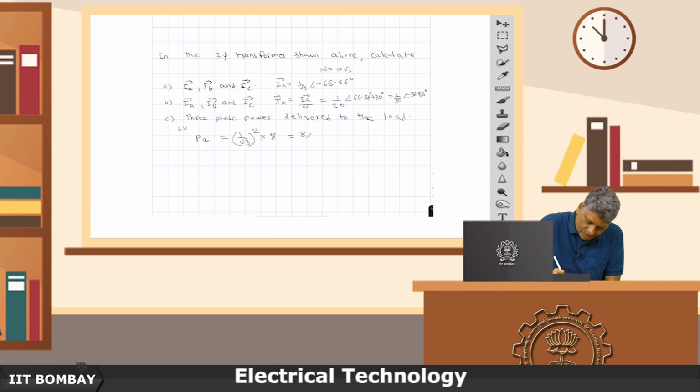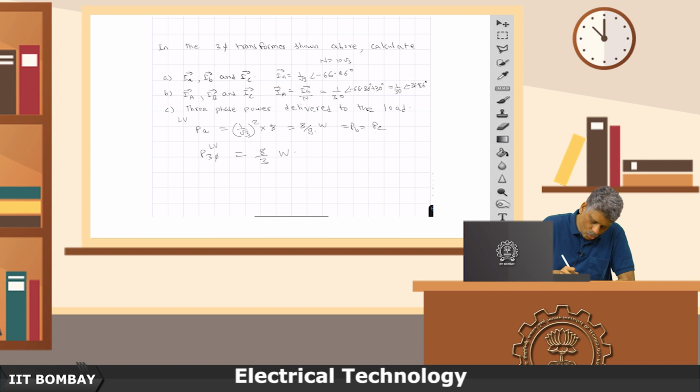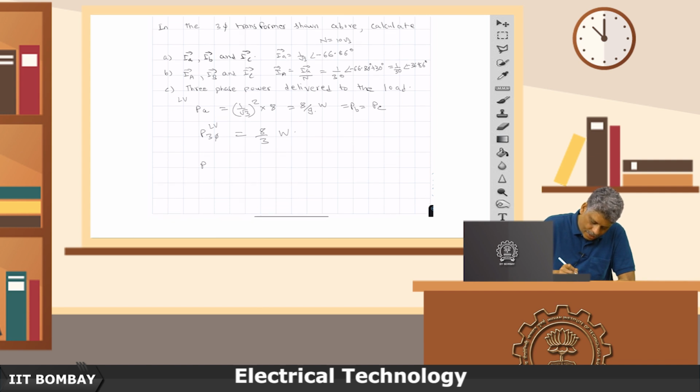So therefore it is 8 by 9 watts, and the same thing is equal to PB is equal to PC, because the magnitude of the square of the current is going to be same. So P3 phase, if I look at the LV side, is 8 by 3 watts.